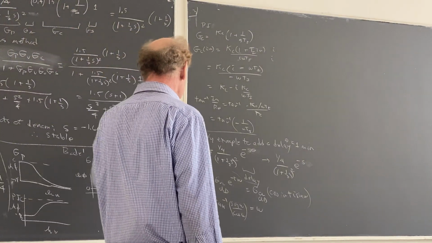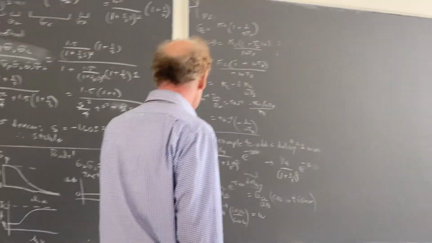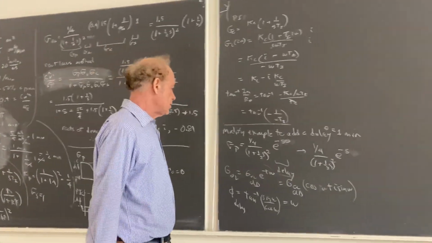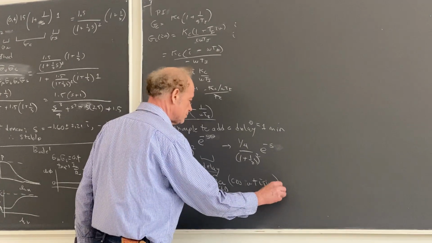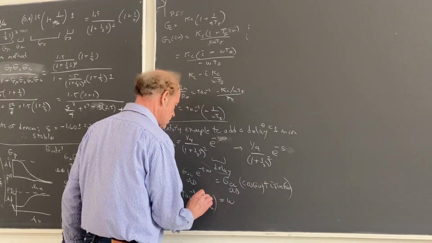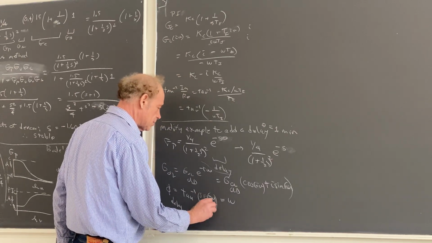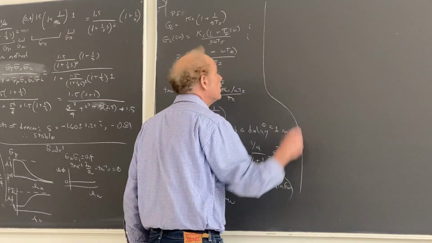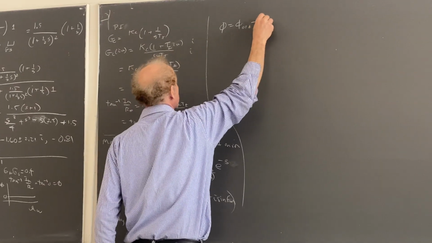So that tells me I have an extra factor of omega here, and this was actually minus omega. So this tells me that phi now is phi old minus omega.